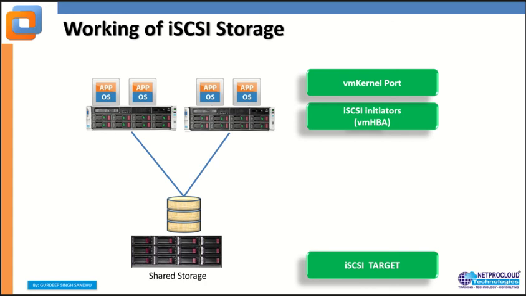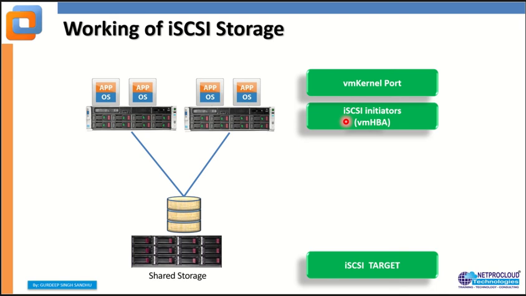Now let's study the working of iSCSI storage. These are my ESXi boxes, and over there I have created some virtual machines, and it's a shared storage. From the shared storage, I have created the data store, and onto this data store we put our VMDK or virtual machine files. Now how is the communication going to happen?